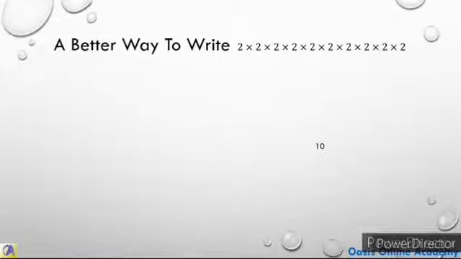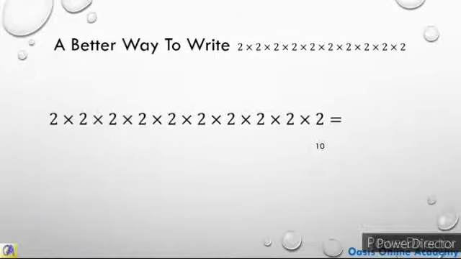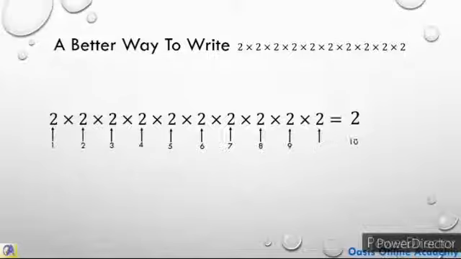And that better way of writing it is to just write 2, since 2 is the number that is multiplying itself repeatedly. Next, we go ahead to count the number of 2's that are in the expression. In our case here, 2 is 10 times, and we write that 10 as the superscript of 2.